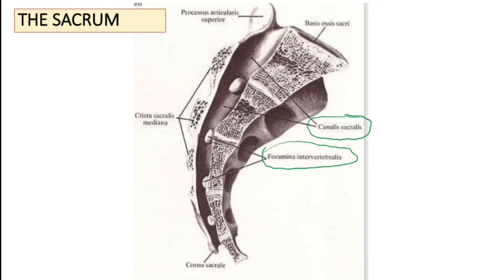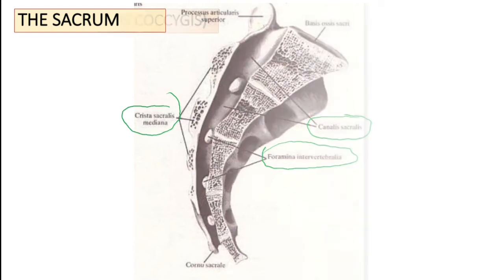You can see the foramens here and here, foramina intervertebralia, right? You can see crista sacralis mediana, right? Okay, that was about the sacrum.